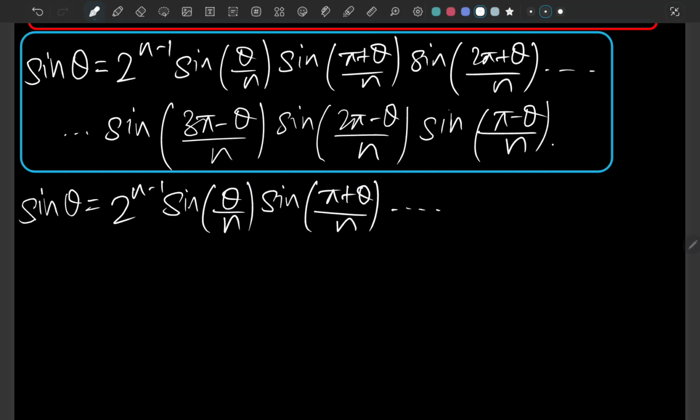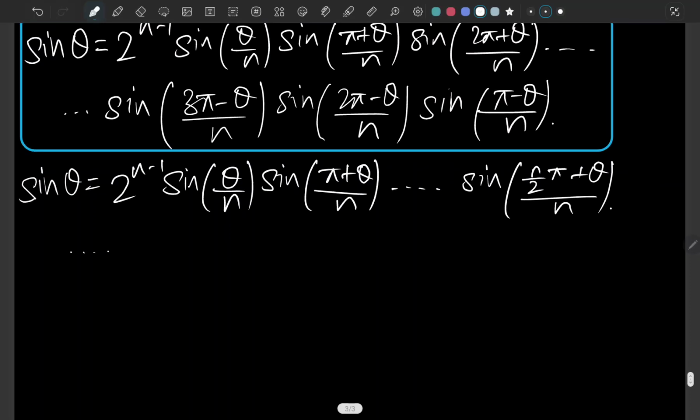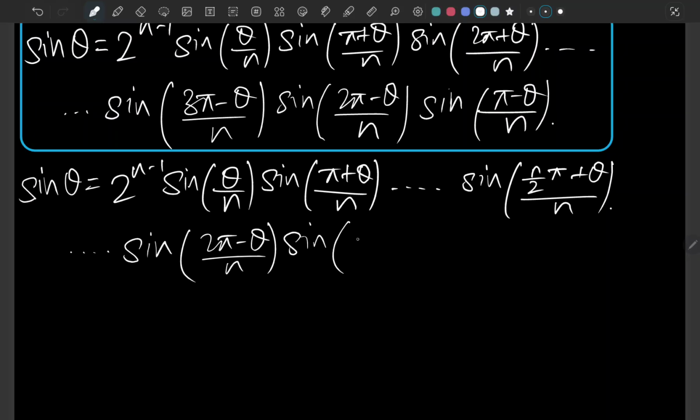It is evident that there must be a term in which there is the n over 2 multiple of pi, right? So this is evident in between these two things. And then dot dot dot to the last term, that is 2 pi minus, let me not write the third here, rather than wasting our time. So it's pi minus theta over n.